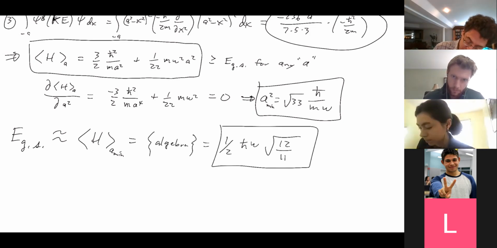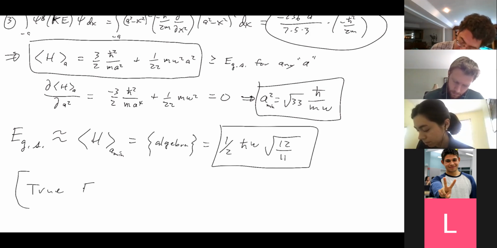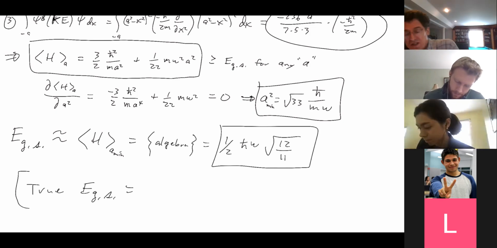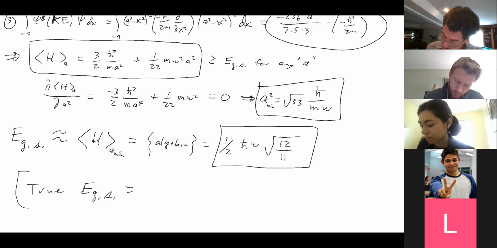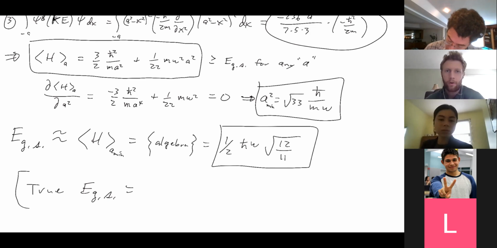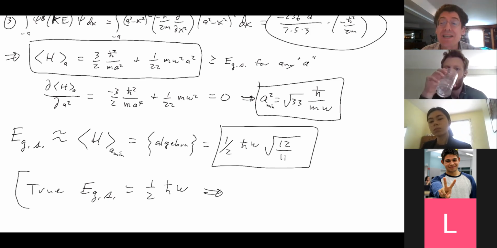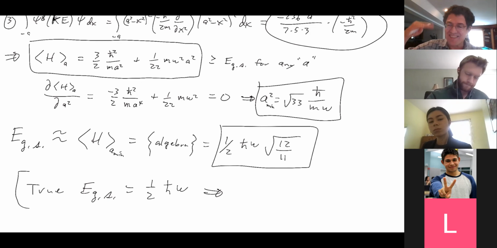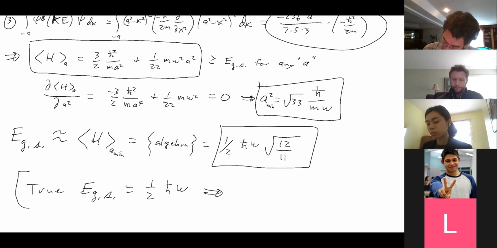And what's the true ground state energy of the simple harmonic oscillator? Somebody tell me. 1/2 h bar omega. That's right. Notice how the answer we got is bigger than that. It's bigger because it's an upper bound. And notice that we're only 5% off.